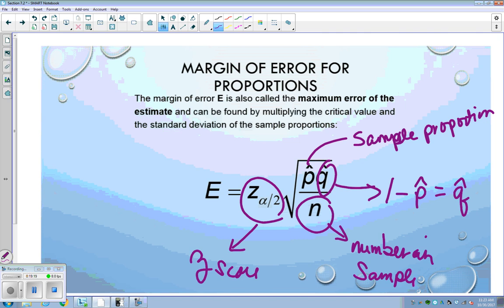Yes, it will be on the formula sheet. Is it in the calculator? Yes, it is in the calculator. Honestly, it's just as easy to calculate it out. You'll see how easy it is.